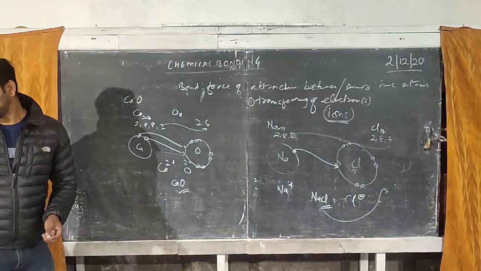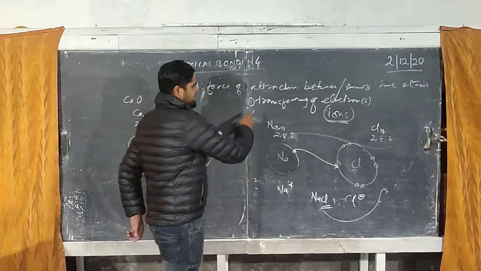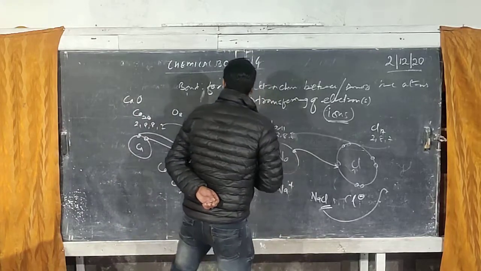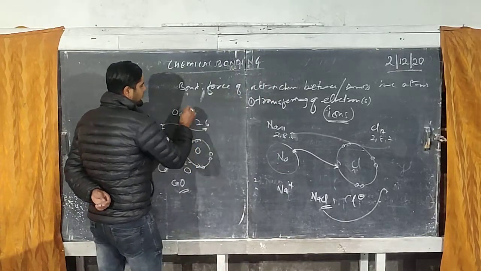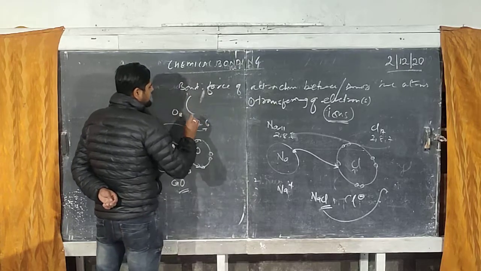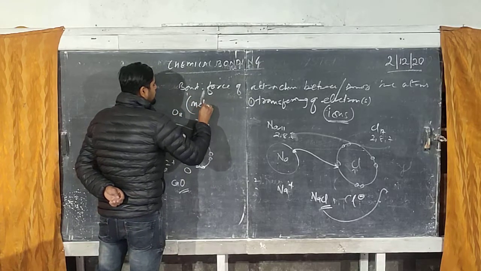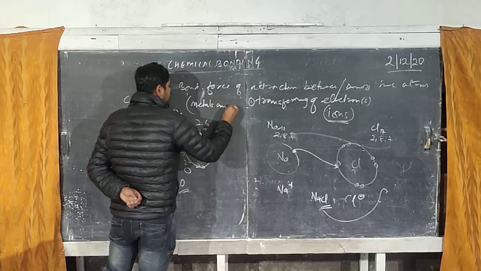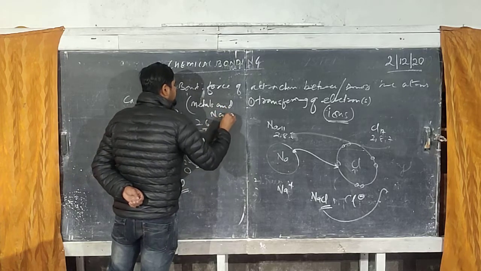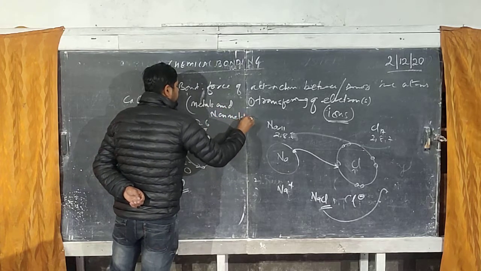The thing which you have to remember is that an ionic bond or electrovalent bond is always formed between metals and non-metals. You know this?